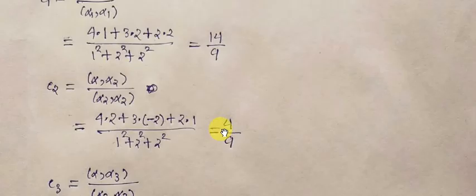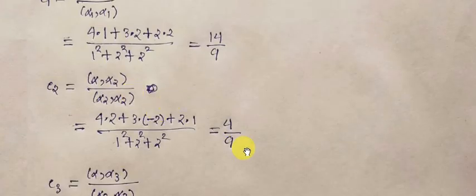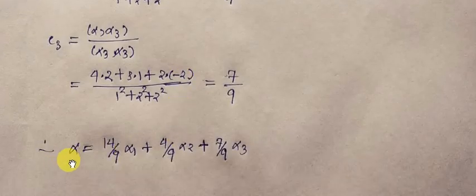So alpha equals C1 alpha 1 plus C2 alpha 2 plus C3 alpha 3. In place of C1, C2 and C3 we substitute these values, so alpha vector equals this into alpha 1, this into alpha 2, plus this into alpha 3.